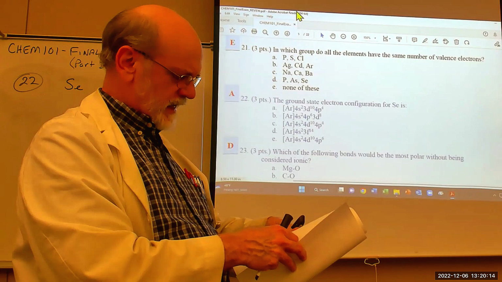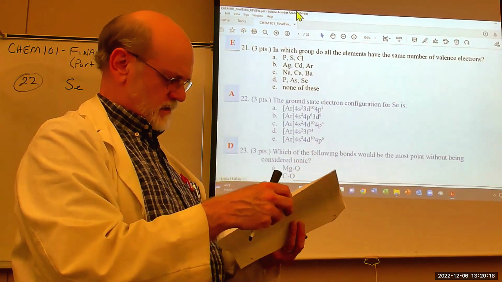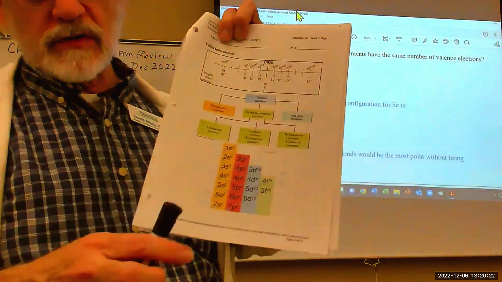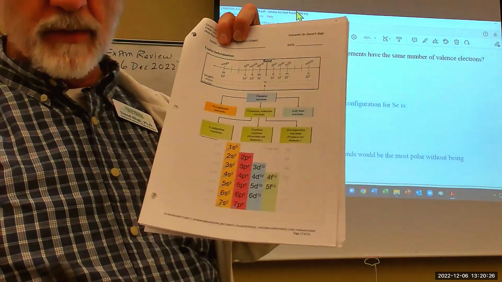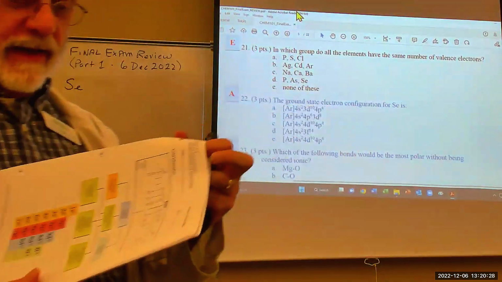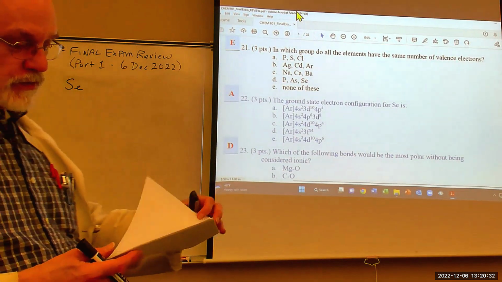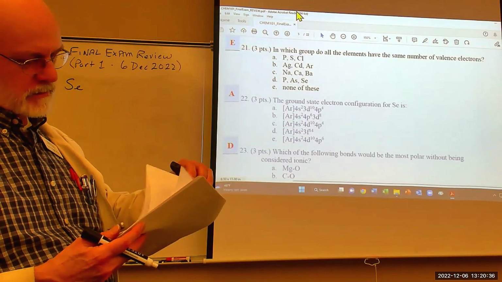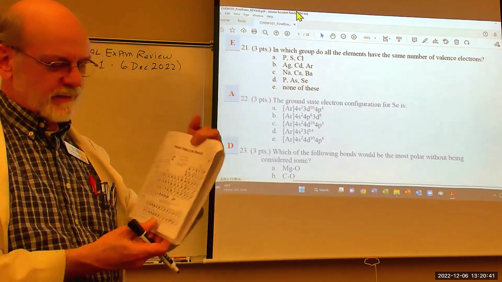Here it is. This diagonal diagram shows you how to fill the orbitals. The other way, in fact, the way I would prefer, is to go to the periodic table. Okay, and notice where selenium is.